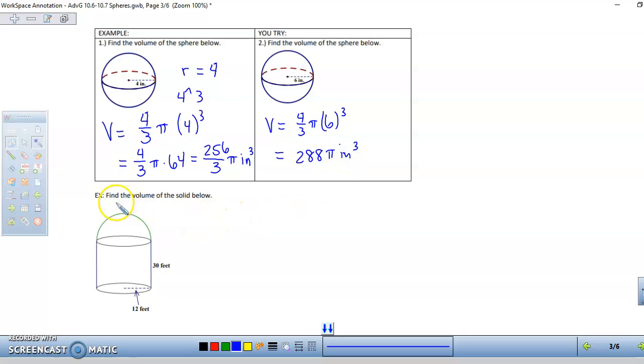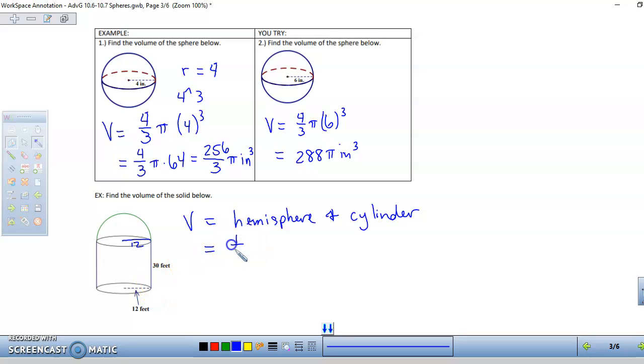Next one, find the volume here. Obviously we have a composite figure, and the two pieces are a hemisphere and a cylinder. Again, writing it out in either pictures or words is a good way to start the problem-solving process. Here we have a radius of 12 that also applies to the hemisphere, and the cylinder has a height of 30.